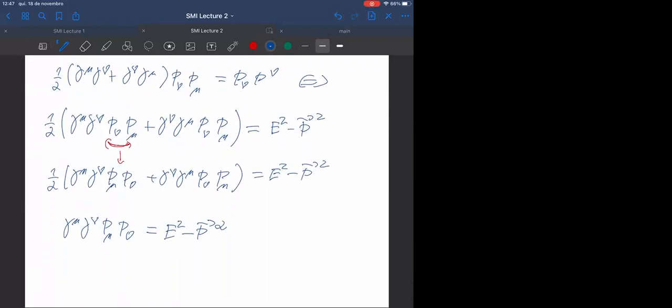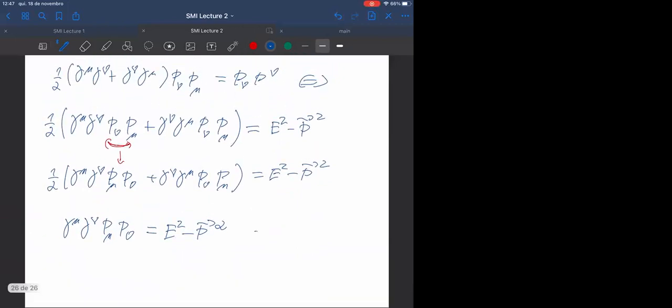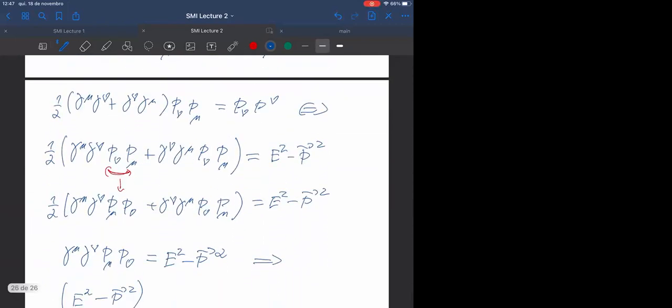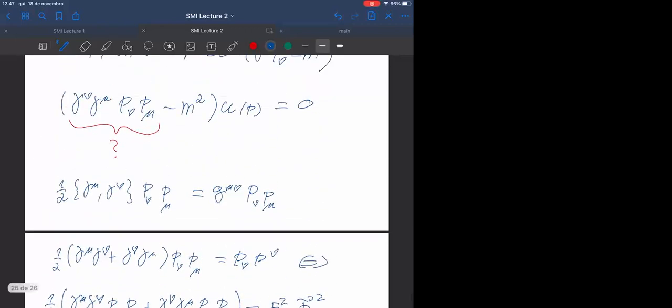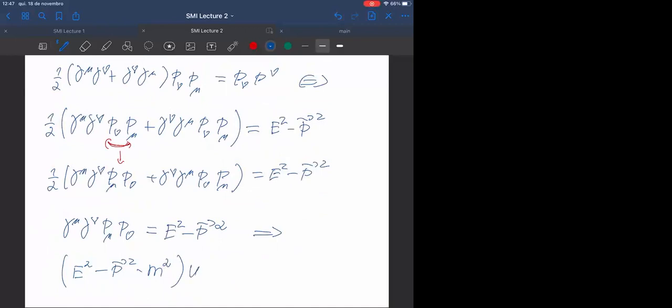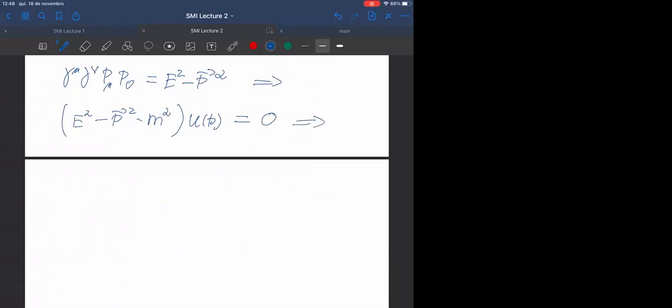And plugging it there, what we get is the following. This means that e squared minus p squared minus m squared u equal to 0, or e squared minus p squared u equal to m squared u.